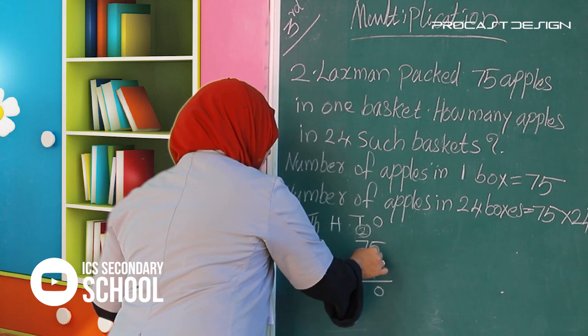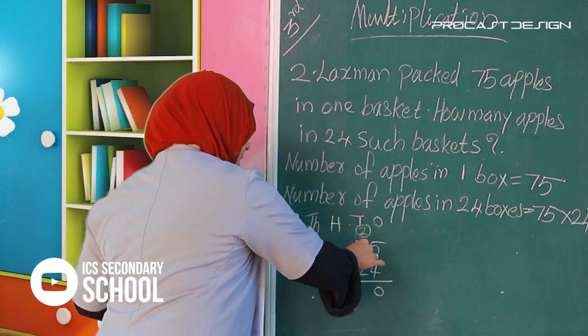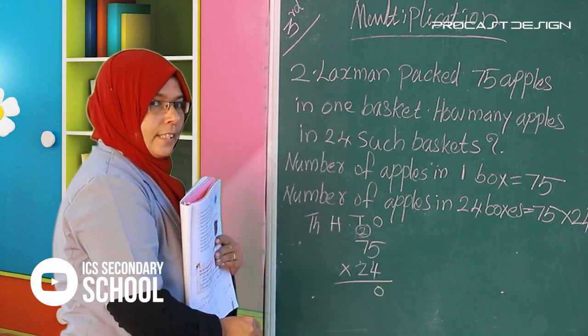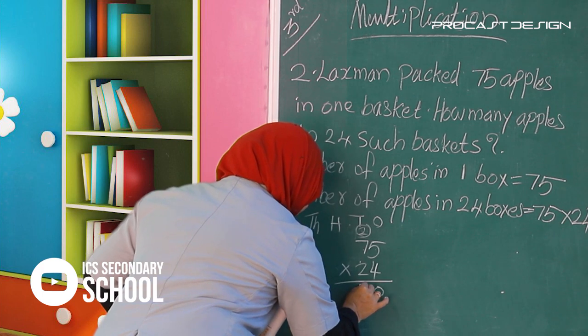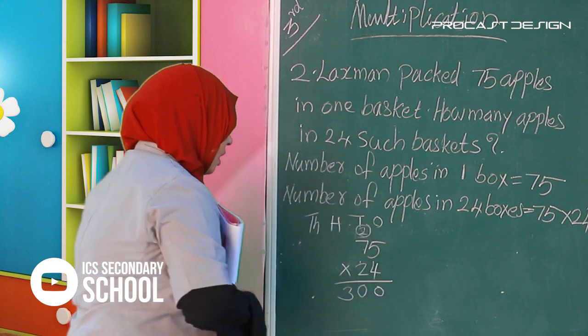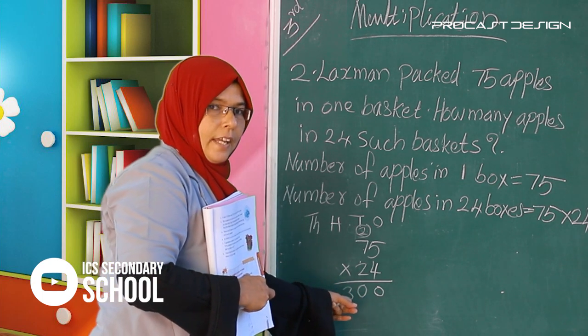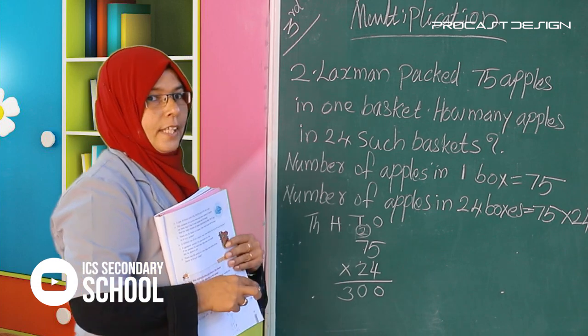Next, 4 into 7 equals 28. 28 plus 2 equals 30. 0 in the tens place and 3 in the hundreds place.